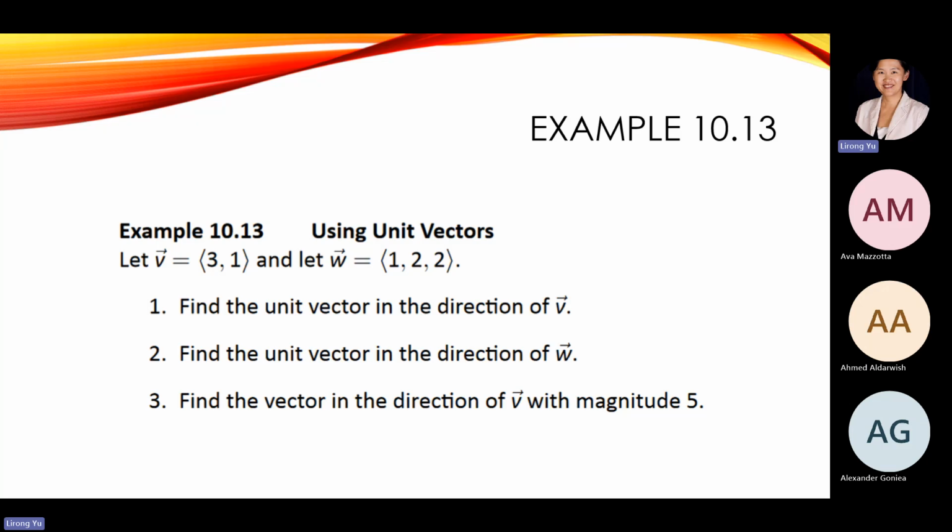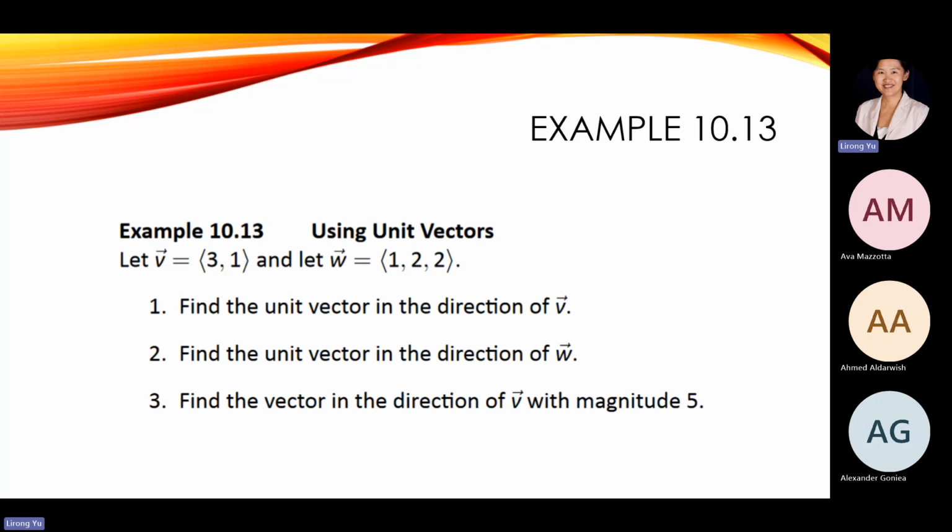The magnitude is the square root of 1 squared plus 2 squared plus 2 squared, which is 3, right? So the answer for number 2 would be 1/3, 2/3, and 2/3. That's the component for w. Any questions?